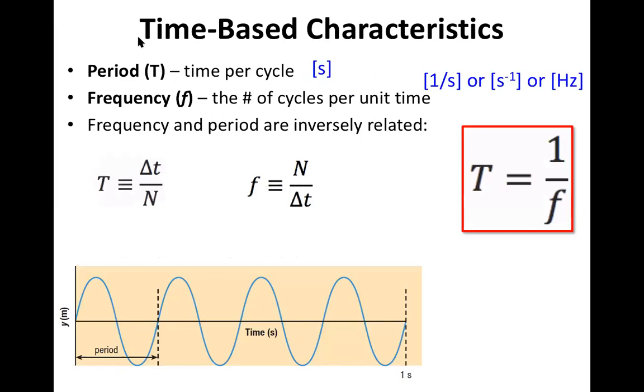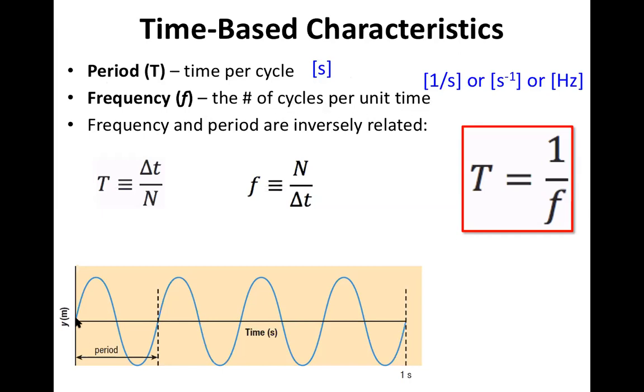So now, those were the geometric properties, geometric characteristics. Now we're going to talk about time-based characteristics of waves. The time per cycle is called period, and it's in units of time, so seconds. And frequency is the number of cycles per unit time.